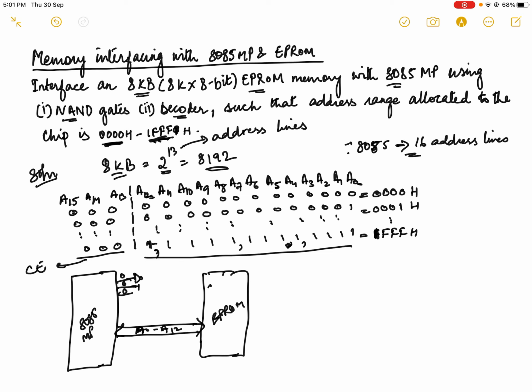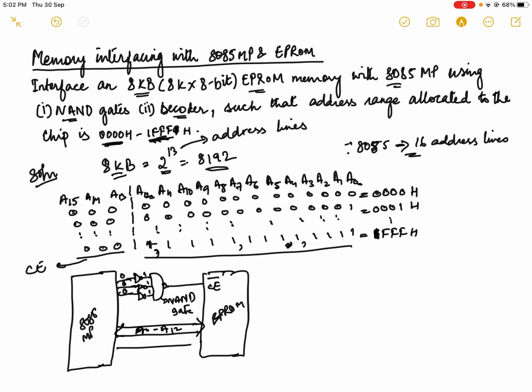Generally in an EEPROM the chip select is active low. So if you pass it through a NAND gate, to get a 0 here you have to put 1 1 1 here. This is how you interface your 8085 with your EEPROM using a NAND gate.